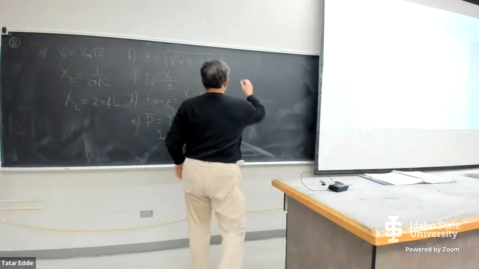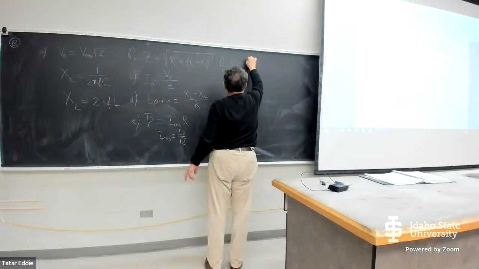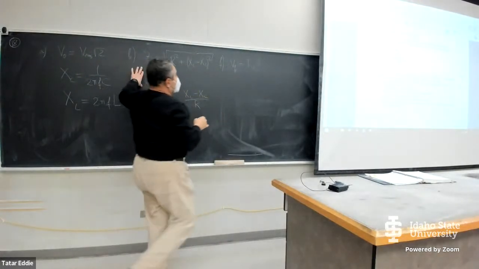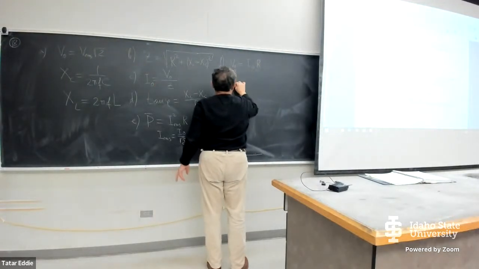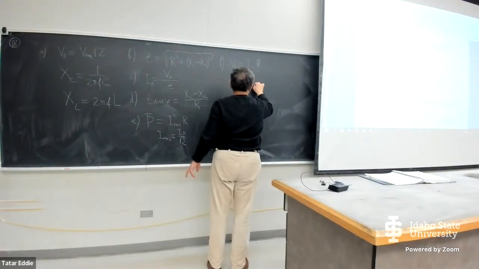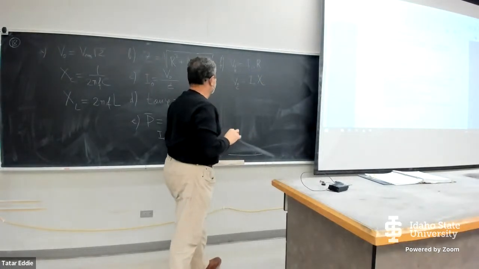So the voltage amplitude across the resistor is going to be equal to the current amplitude that is here, multiplied by the resistance. The voltage amplitude across the capacitor is going to be the current amplitude multiplied by the capacitive resistance.